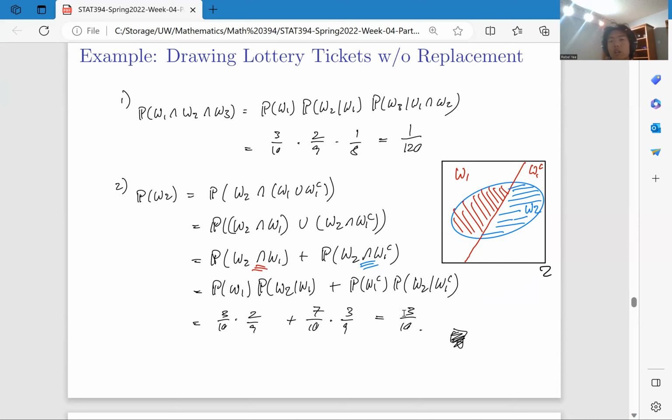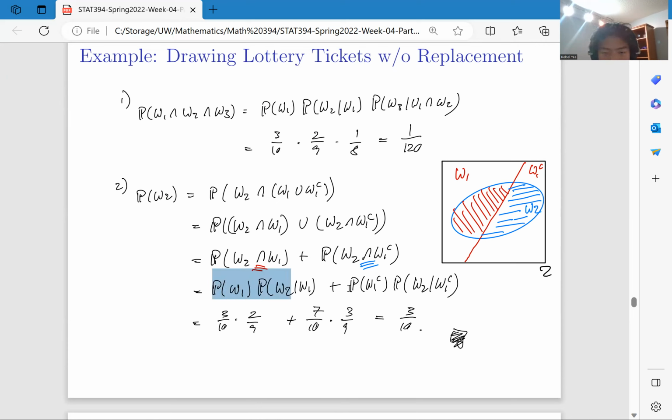So maybe no matter how many tickets there are, no matter which ticket we are choosing, all of those tickets have the same probability of winning. Imagine there are 1 million tickets and 1,000 of them are winning tickets. No matter which ticket we pick, the first ticket or the second ticket, the probability of being a winning ticket is equal to 1/1000.